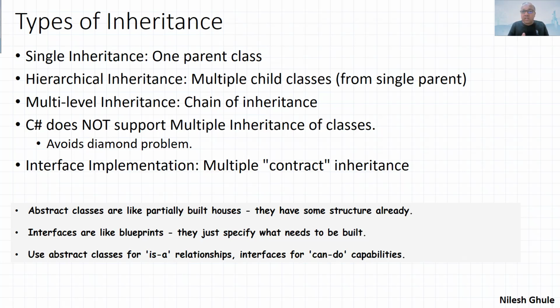So you can have one class inherited from multiple base interfaces. For example, you can have a full stack developer class inherited from a backend developer interface as well as a front-end developer interface. You see that inheritance is commonly done with abstract classes or interfaces.